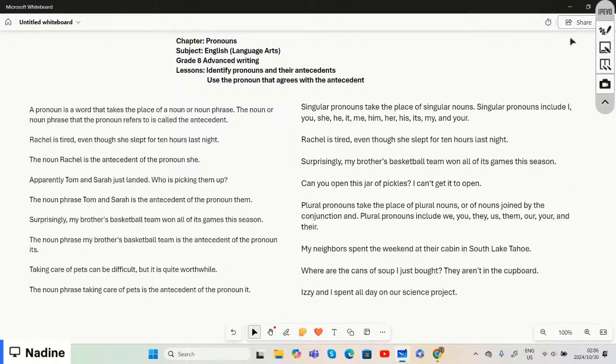So a pronoun is a word that takes the place of a noun or a noun phrase. And the noun or the noun phrase that the pronoun refers to, we call that the antecedent.